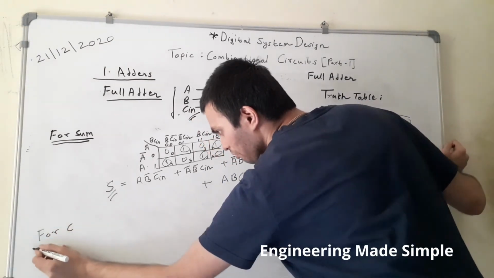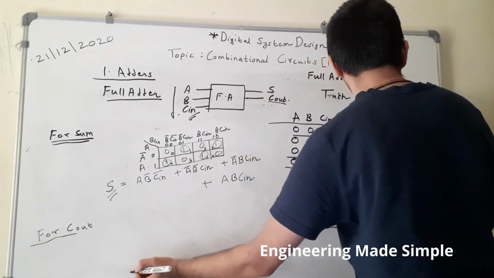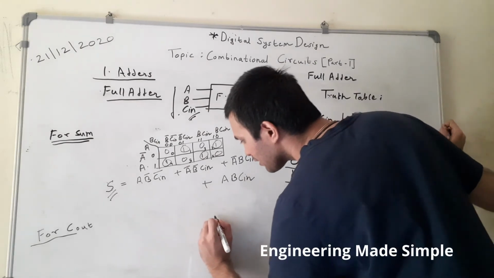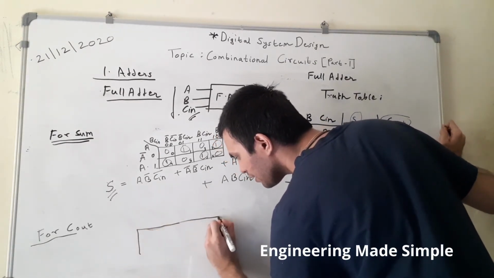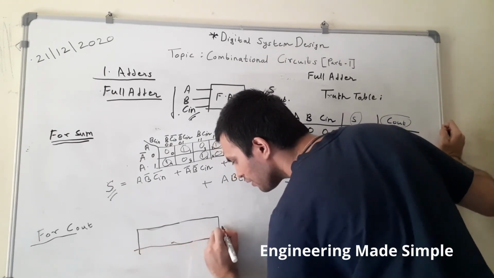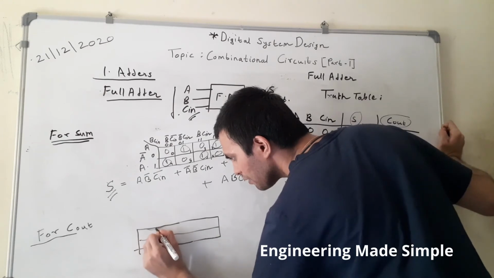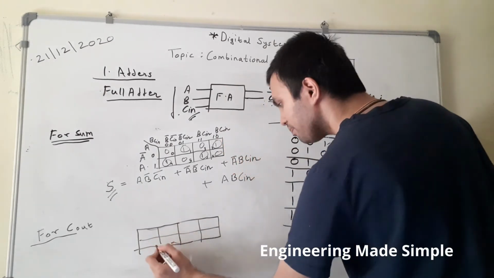Again we will solve a 4 variable K-map, for C out, because our output variable is C out. One, two, three, 4 columns will be there.